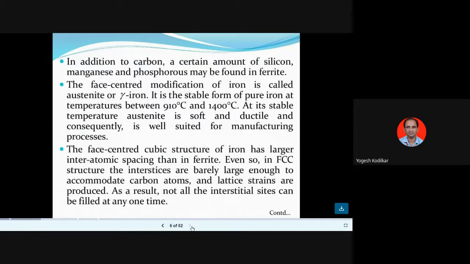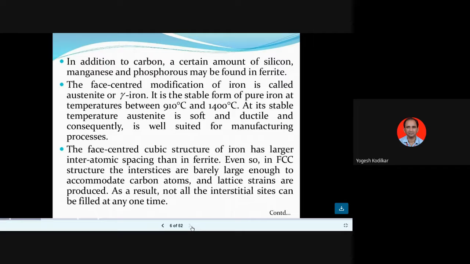Now, in addition to carbon, a certain amount of silicon, manganese, and phosphorus may be found in ferrite as alloying elements.